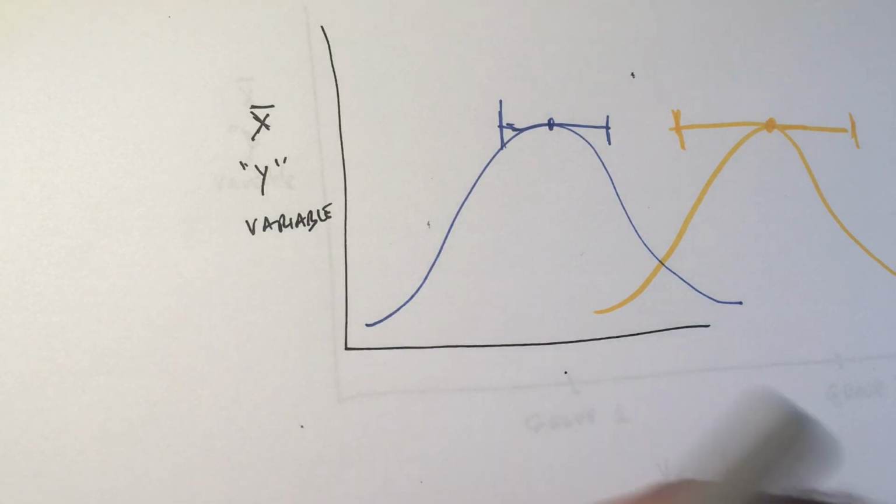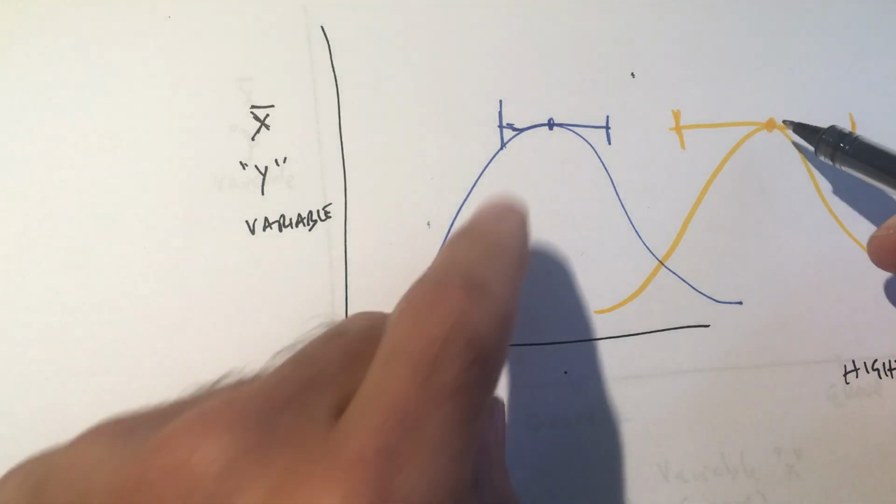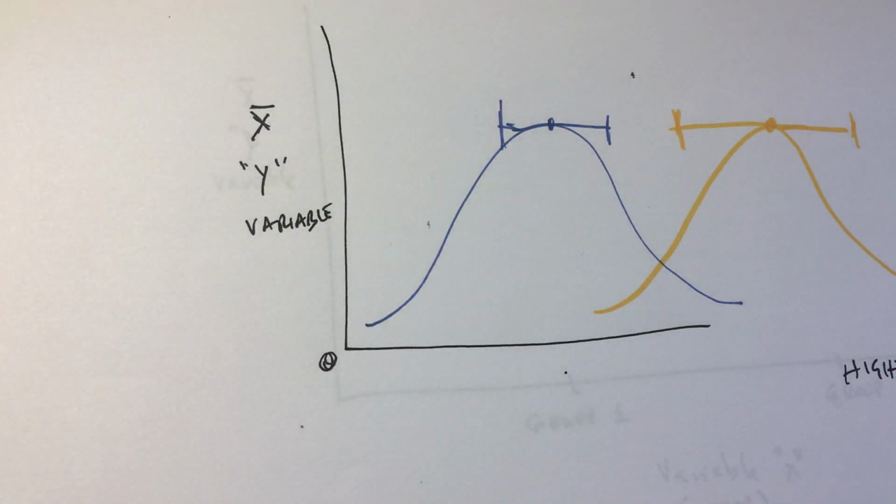So remember, this is 0 here, so this is a higher value. One group has a mean that is higher than the other group. Because the confidence intervals do not overlap, that difference is probably not due to chance. So we can reject chance as an explanation for why these two means are different.